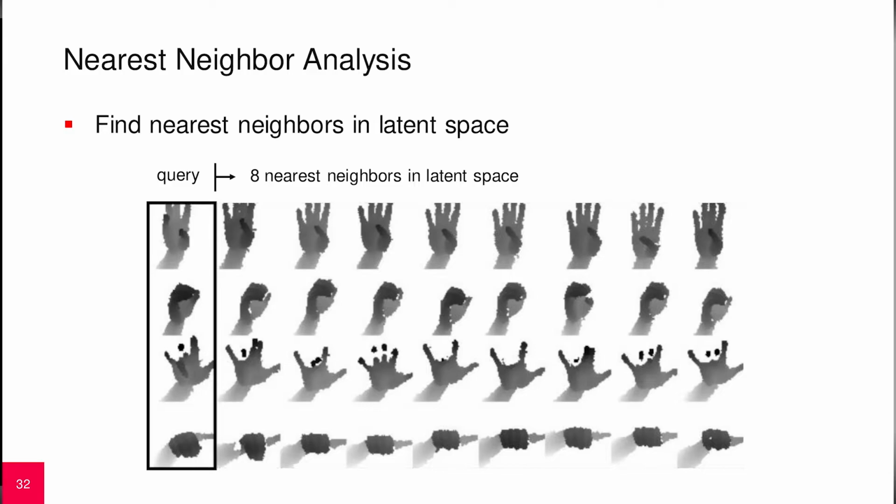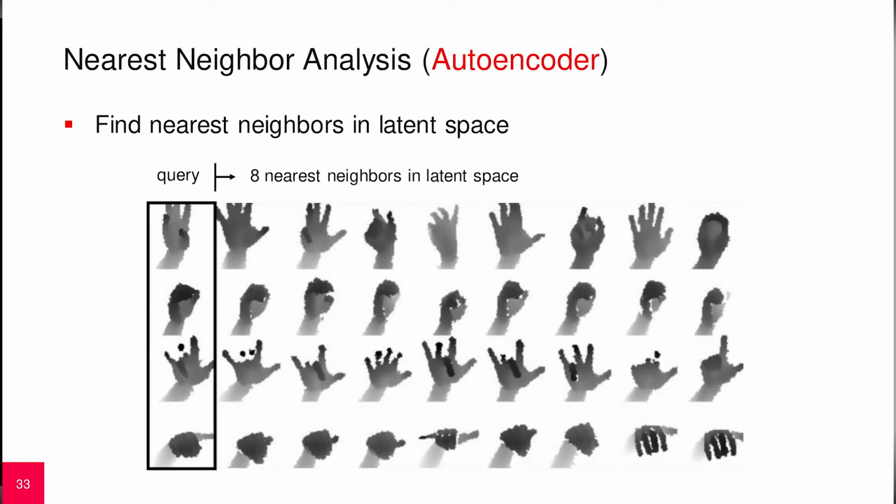And if you compare these results to those you get with autoencoders, a rather prominent and rather similar model to ours, because what you're doing is just trying to reconstruct the input instead of predicting a different view, then for this autoencoded latent space, the nearest neighbors you find are not that similar.